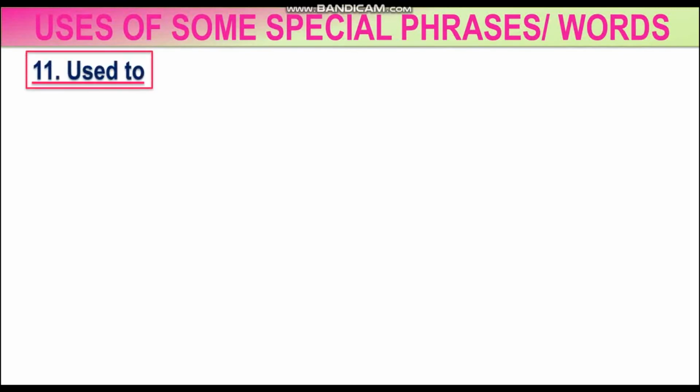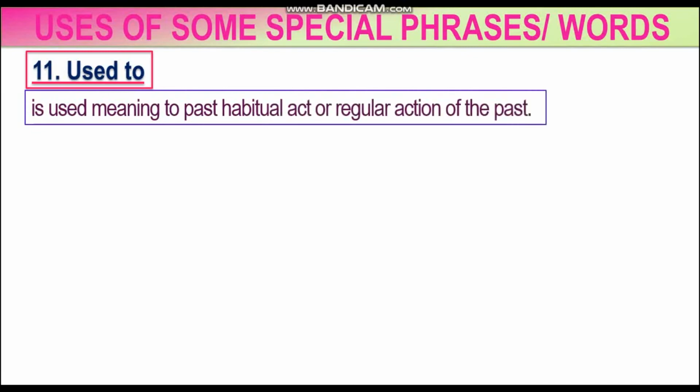Number 11. Used to. The phrase used to is used meaning a past habitual act or regular action of the past. And the verb after this phrase is always V1, I mean the present form.